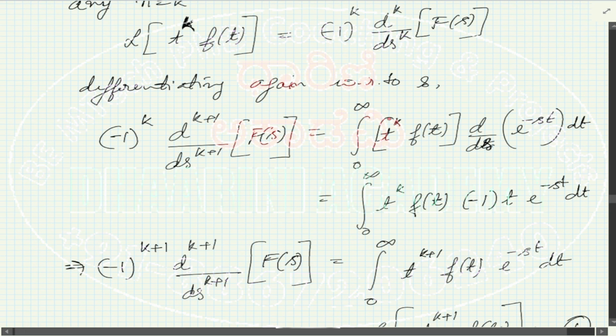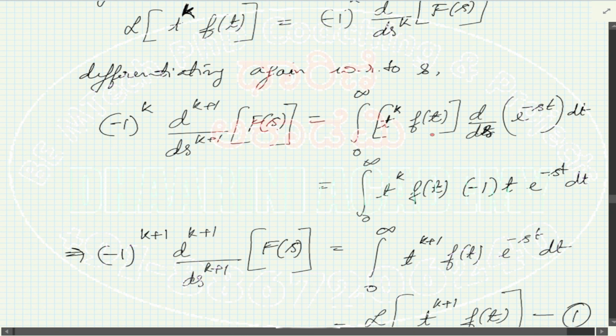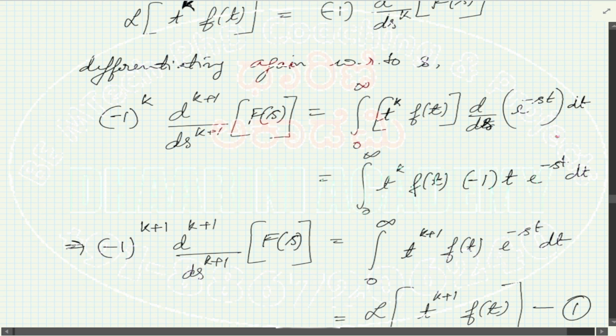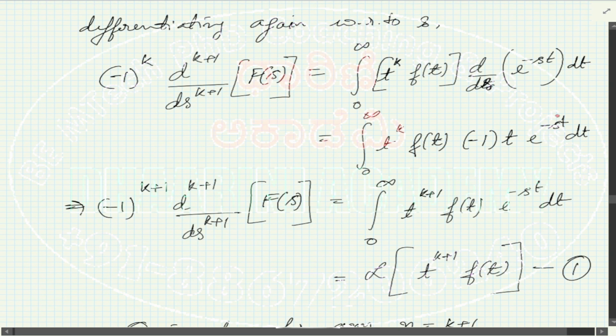What happens to the left hand side? It is t to the k into f of t, d by ds of e to the minus st dt. This is the term I'm going to get. I bring the minus to the other side, minus 1 comes to this side as minus 1 to the power k plus 1.